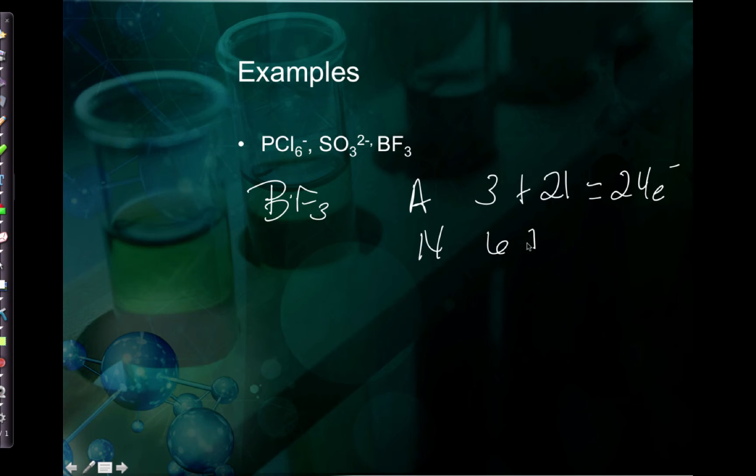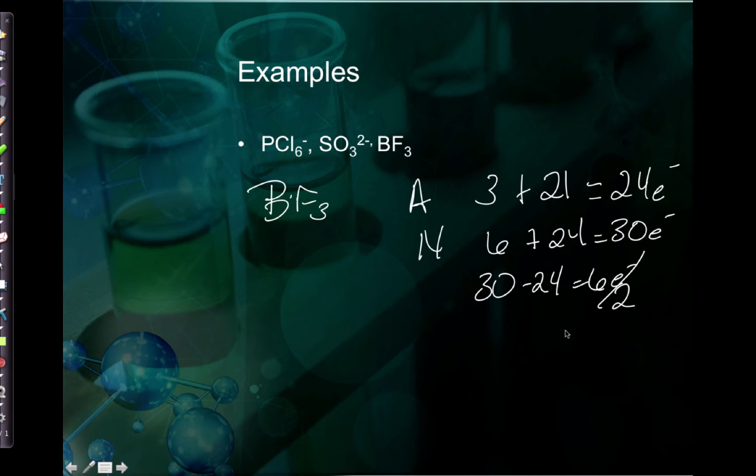And then fluorine wants to have 8, and there are 3 of those, so it's 24. So you want 30 electrons. 30 minus 24 would be 6. Then divide that by 2, you get 3 bonds. So boron goes in the center, fluorine around it.